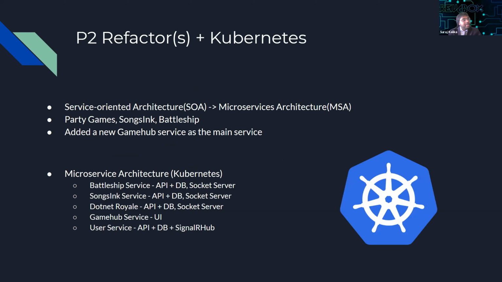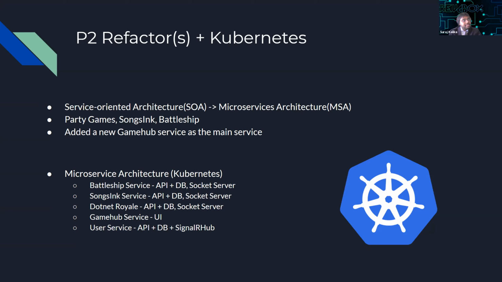So our P3 is actually quite different than usual P3s. We're not a P2 refactor, we're P2 refactors, as in we refactored 3 different P2s to create our P3. To do this, we migrated from the previous service-oriented architecture to a microservice architecture, where each previous P2 is now a microservice.